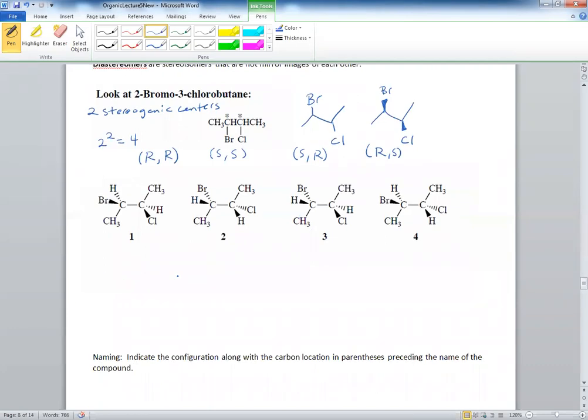So let's look at this. Bromine would be 1, and this becomes very messy when you start writing because you have to do both sides. Bromine would be 1. This group would be 2, not the CH3. So I'll put a 2 here on the top.